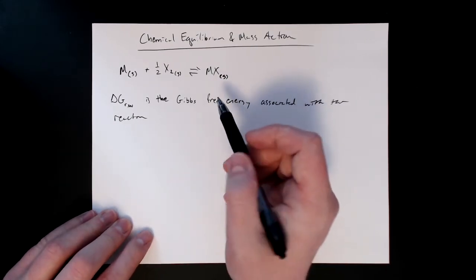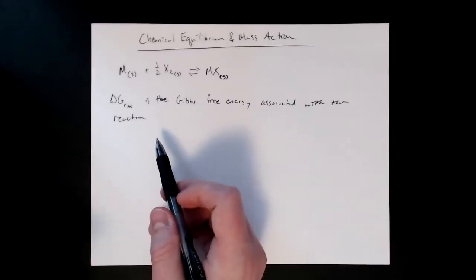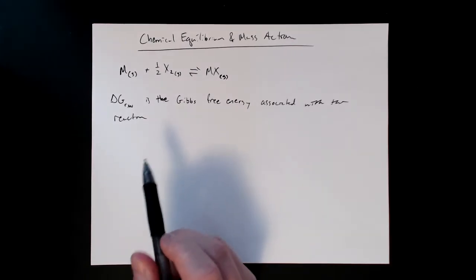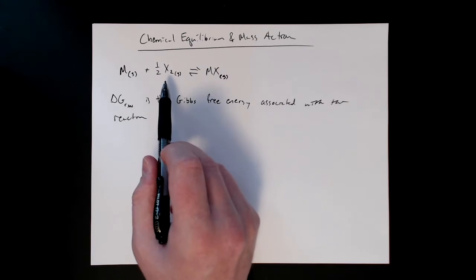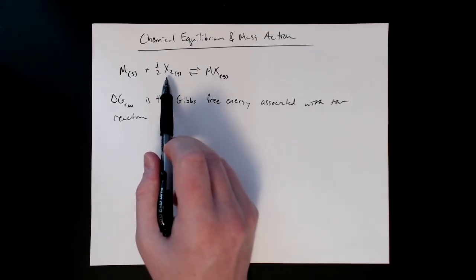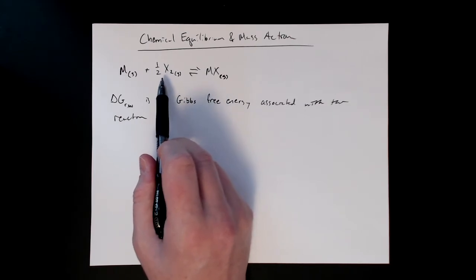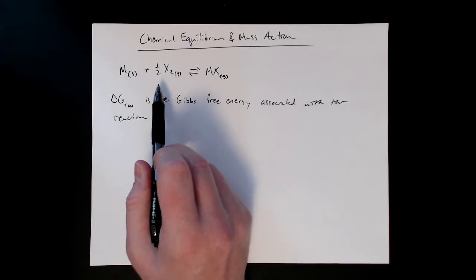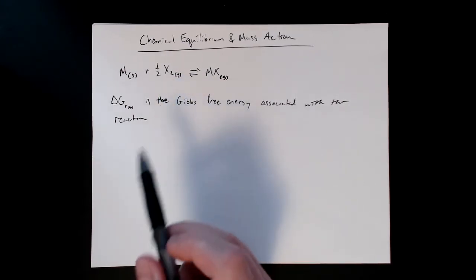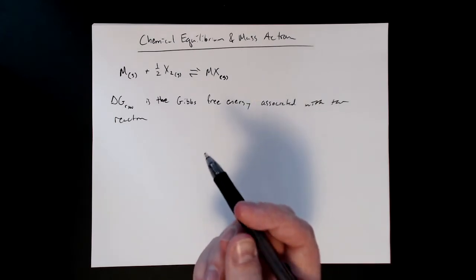So the change in free energy will depend on the states of the reaction, and therefore it's going to depend on the changing pressure of the gas, right? So the partial pressure of X2 will drive this reaction in one way or the other, as we've learned in general chemistry classes.